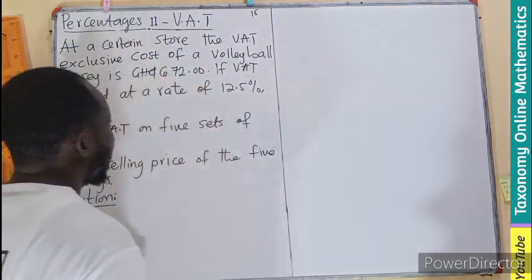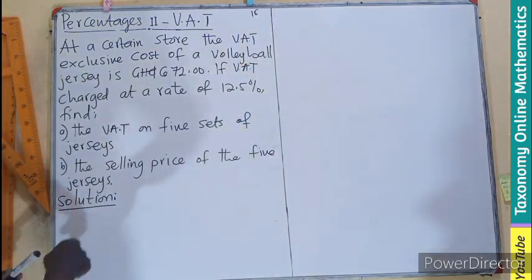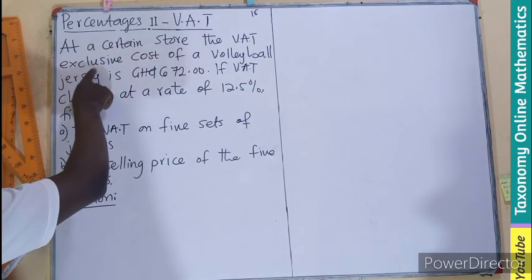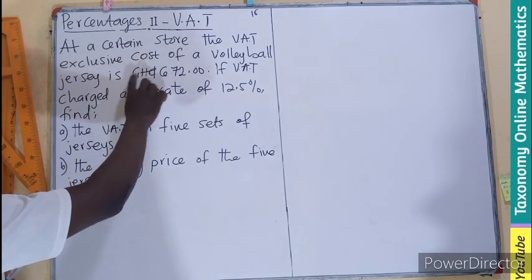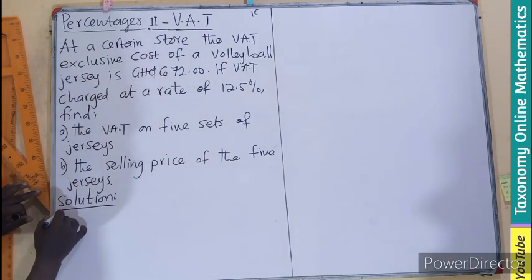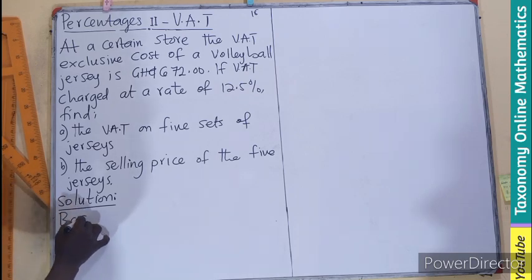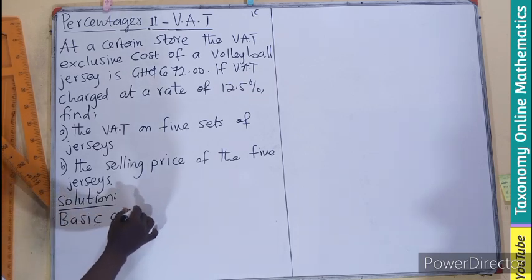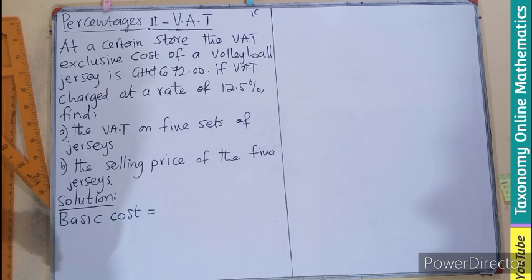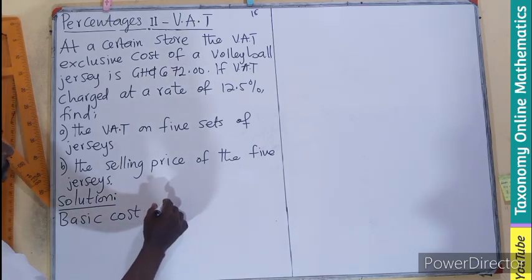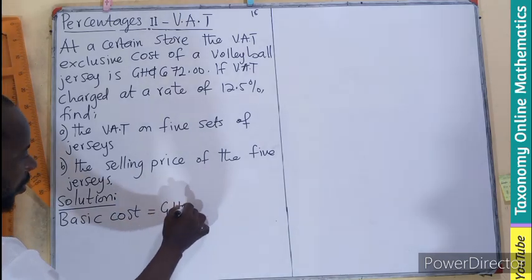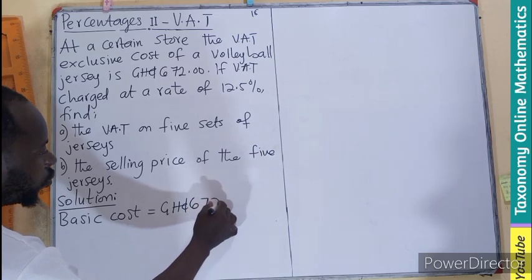So from the question, we can see that at a certain store, the VAT exclusive cost of a volleyball jersey is this. So that means the basic cost, or the cost price of the article, is going to be 672.